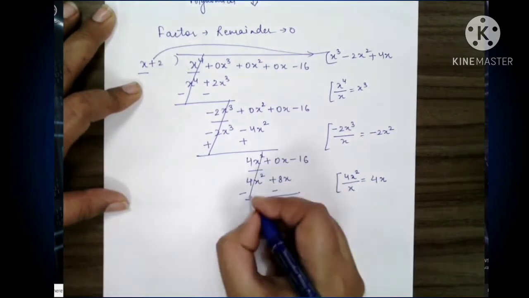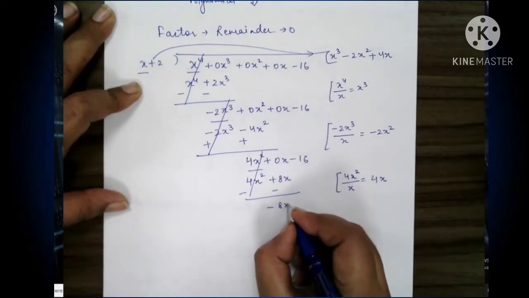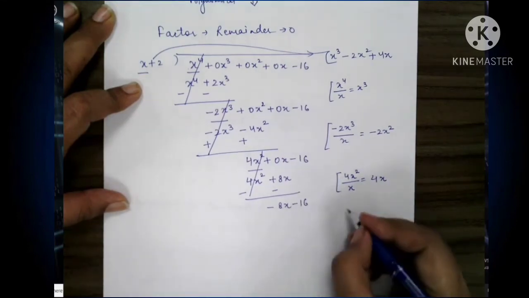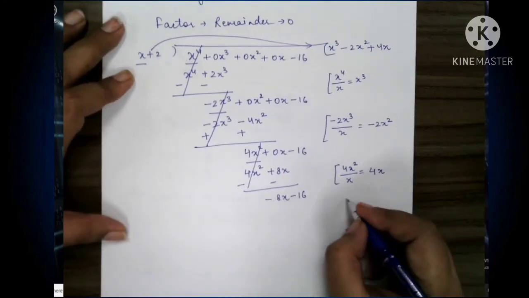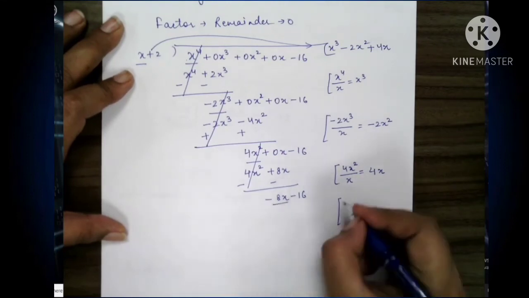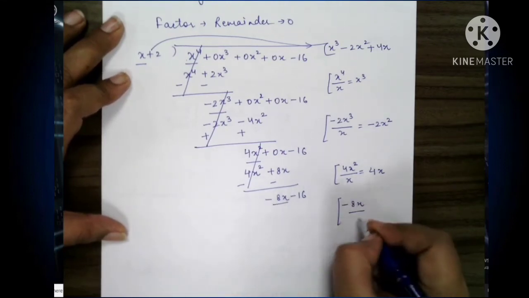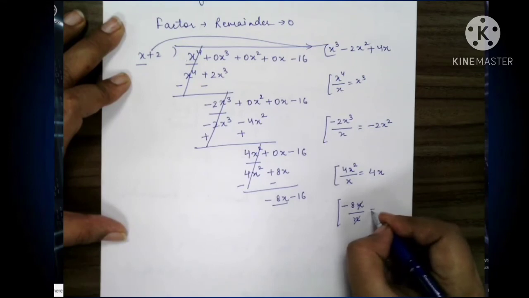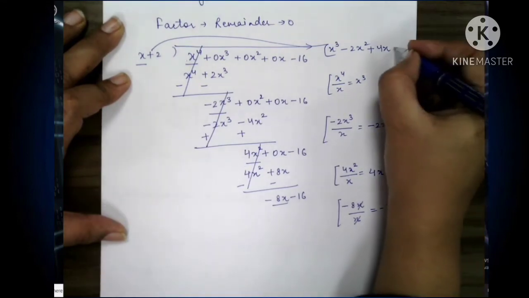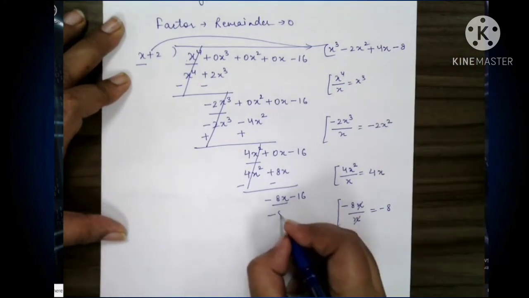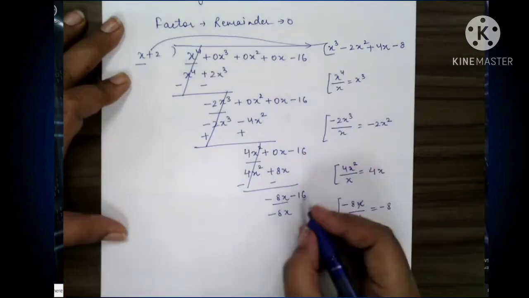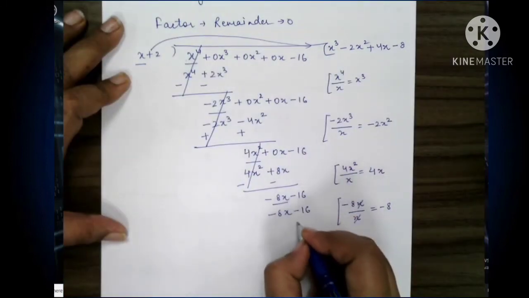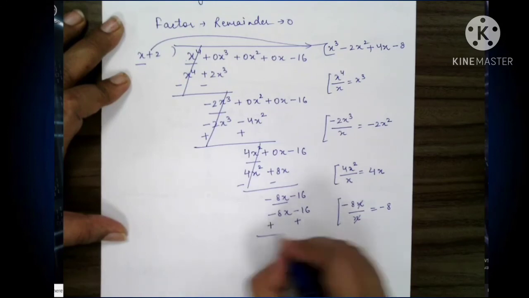Minus minus, first term cancels, minus 8x minus 16. Now the first term, minus 8x divided by x, x cancels, we get minus 8. 2 multiplied by minus 8 is minus 16, minus becomes plus.